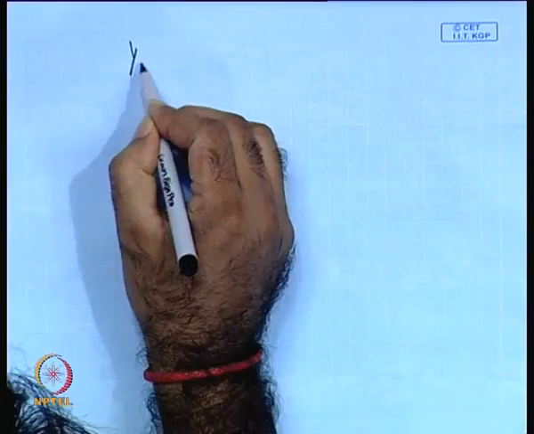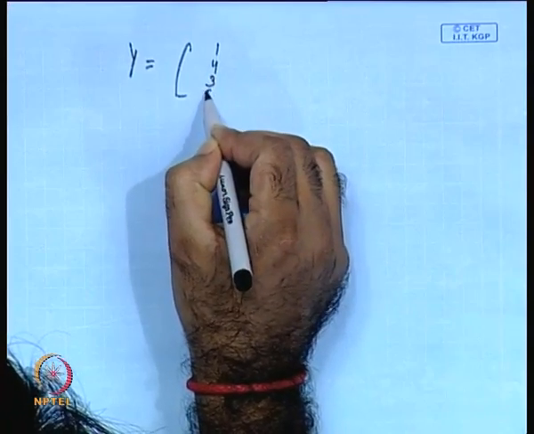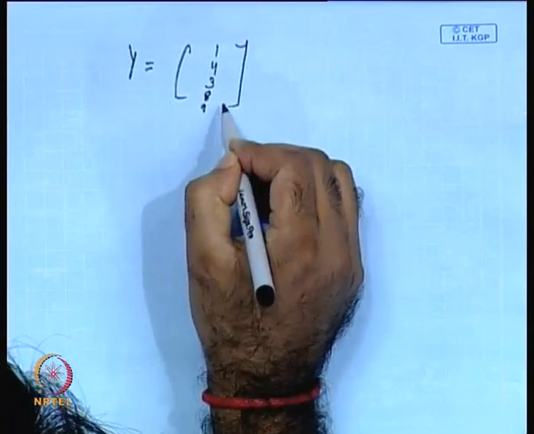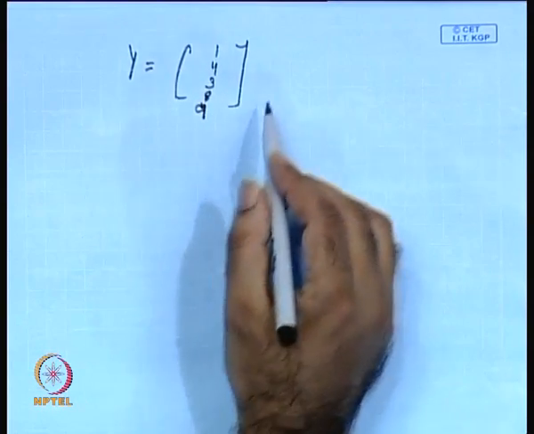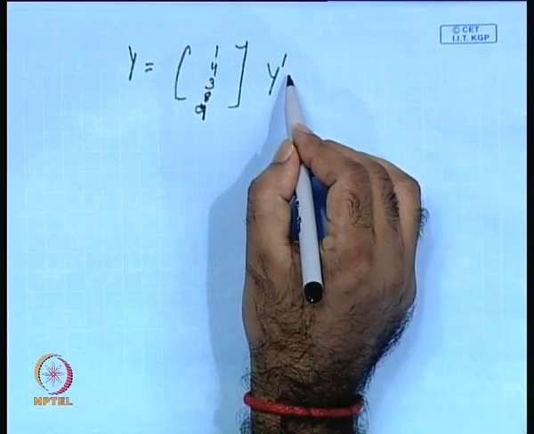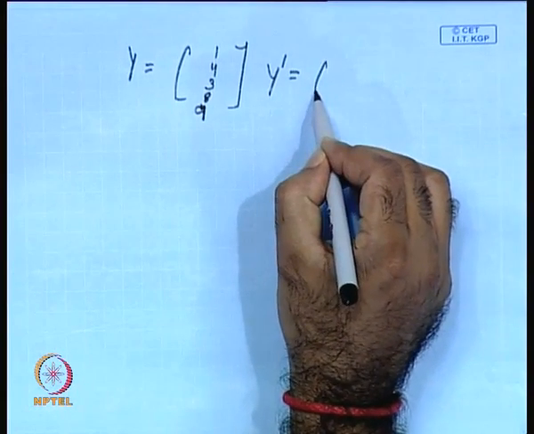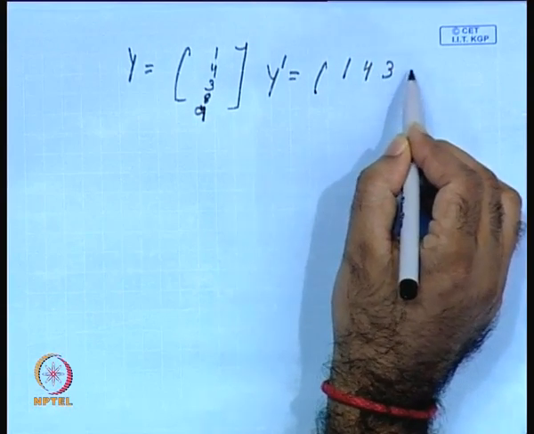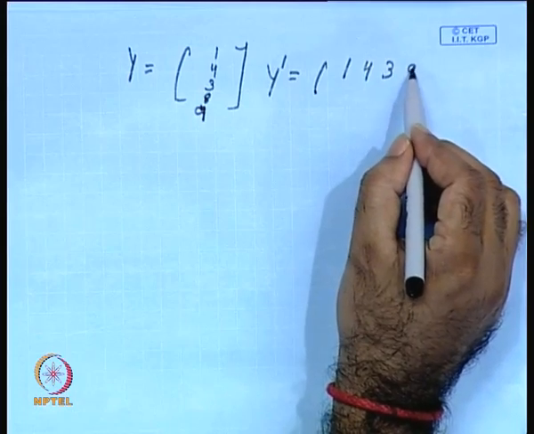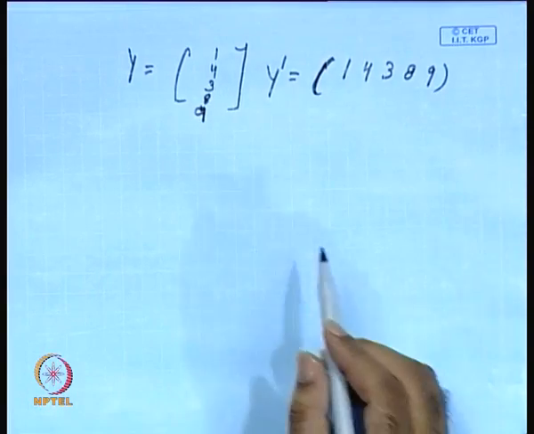Let's say y is there. So y is how much? y is 1 4 3 8 9. This is the y structure, and we would like to know y transpose, which is the row matrix 1 4 3 8 9, while y is the column matrix.